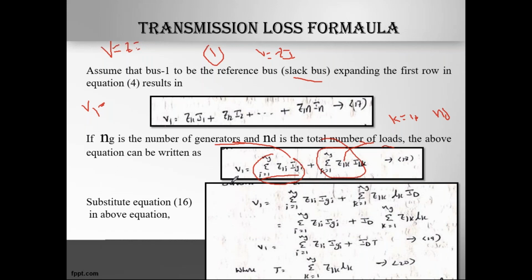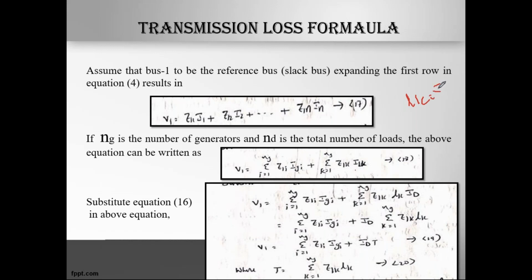Now, after splitting this voltage equation for the generator bus and load bus separately, in that we have I_LK. So we got L_K is equal to I_LK divided by I_D.